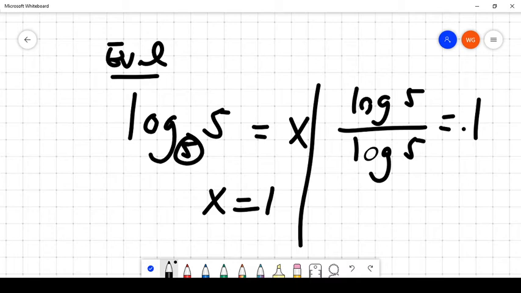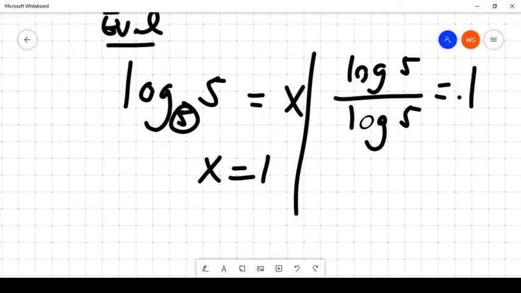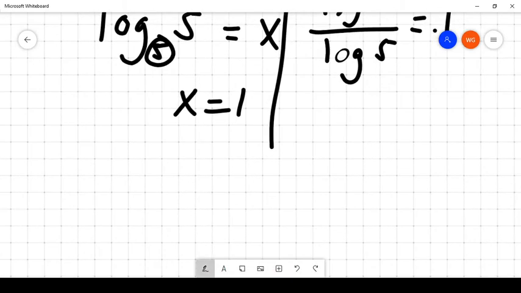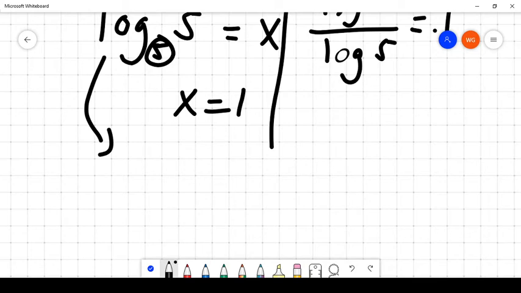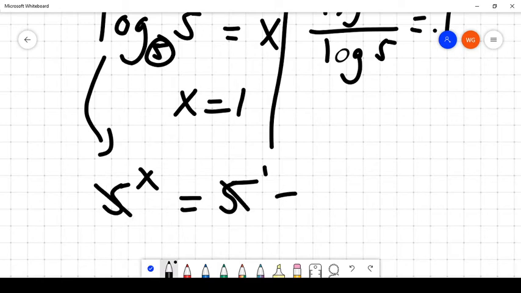And that would be totally fine if you wanted to do it that way, okay? And another way I suppose you could do it is you could say, well, this is like saying 5 to the x equals 5 to the 1. And then you could say, well, the bases are the same, so I'll just go ahead and write it as x equals 1.